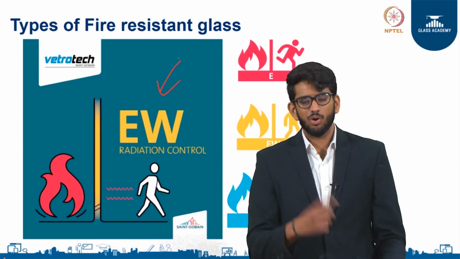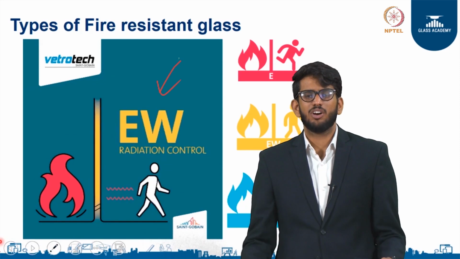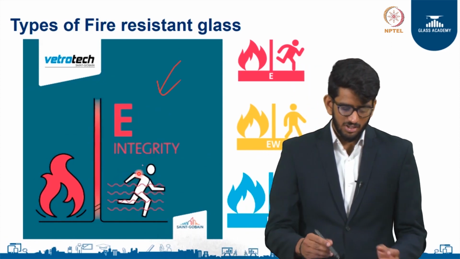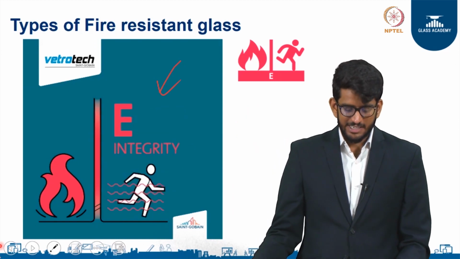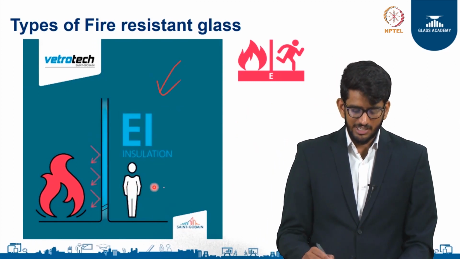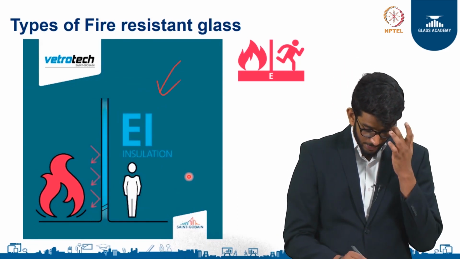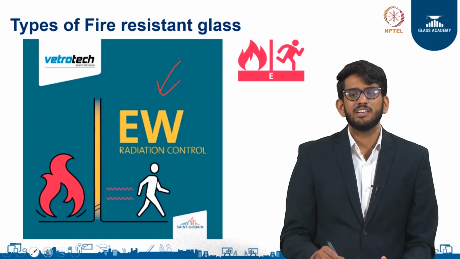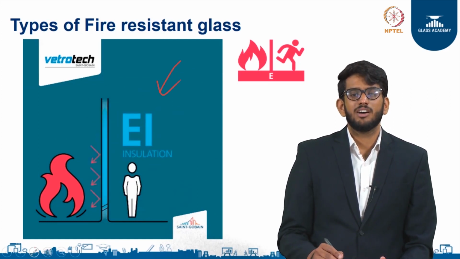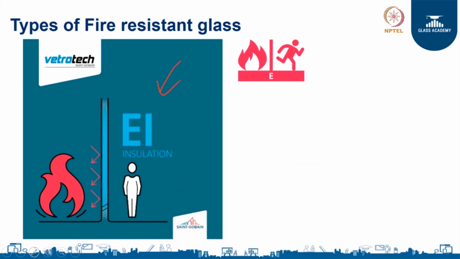If I go back to the previous slide and take you through the motion graphic once again, on the left you can see that in an integrity rated glass, the heat radiation coming through the glass forces the person in the vicinity to move farther away from the glass because of the heat transfer.